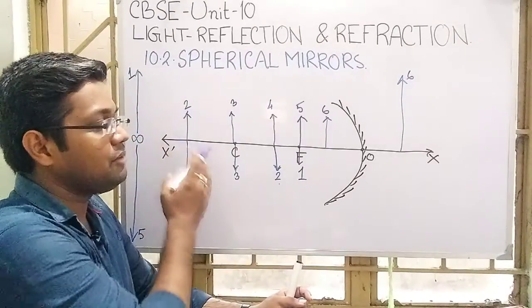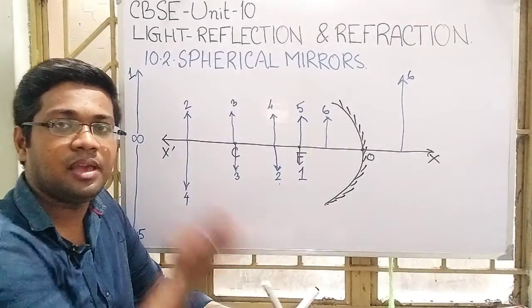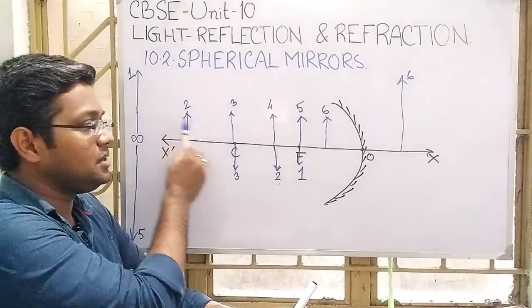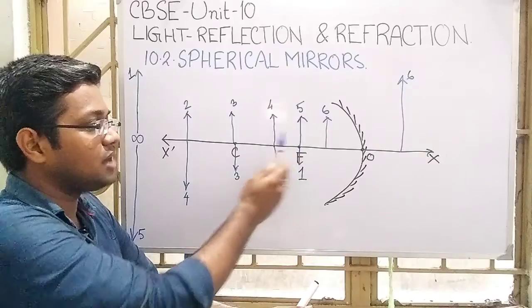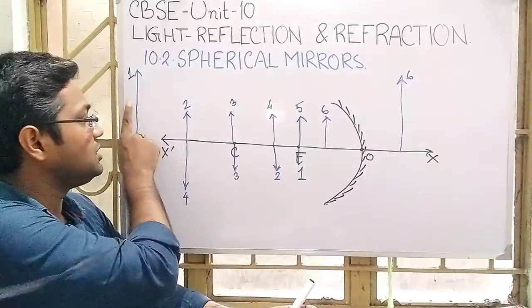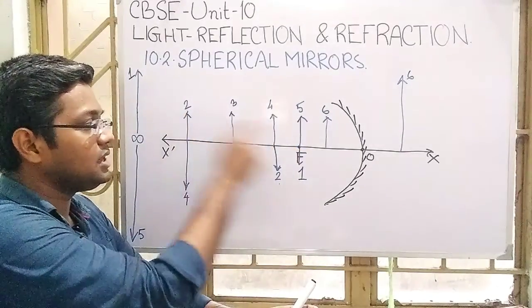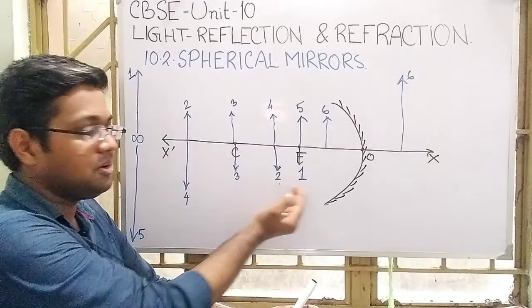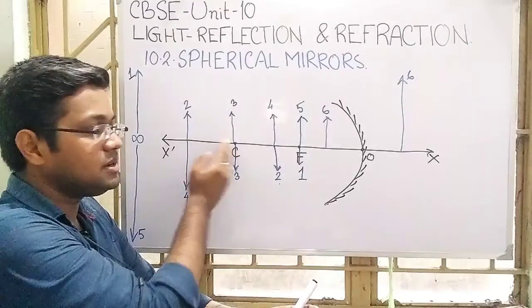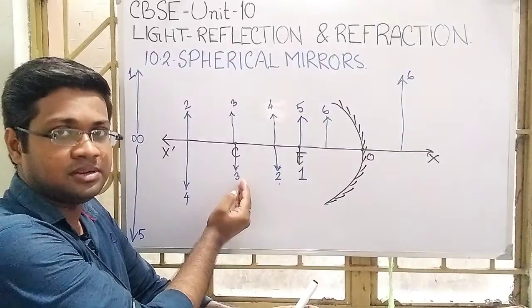So when we obtain the real images, one thing we should follow from this diagram is that if we displace the object towards the mirror, the image comes outside step by step. Just like when I place the object here, the image will be here. When I place the object here, it comes one step outwards. Now it is at position 2. When I again move it towards the mirror by one step, it again comes one step outwards.